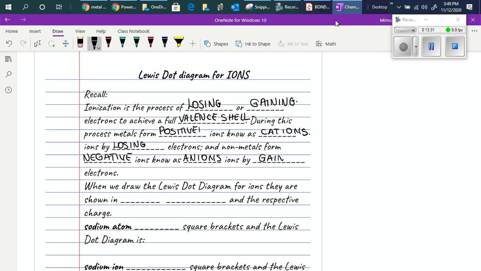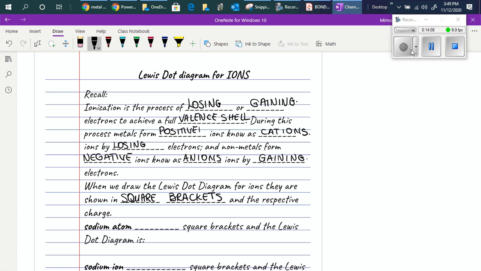So one has to lose and the other one has to gain. When we draw the Lewis dot diagram for ions, they are shown in square brackets. When we draw an element like we drew before, we just draw the element, but when we are working with ions, to show that we have ions, we use the square brackets.